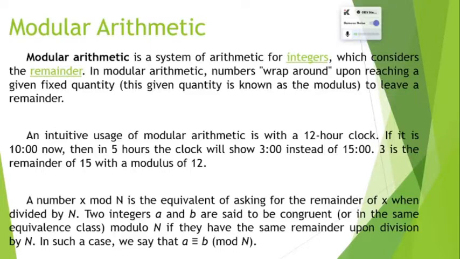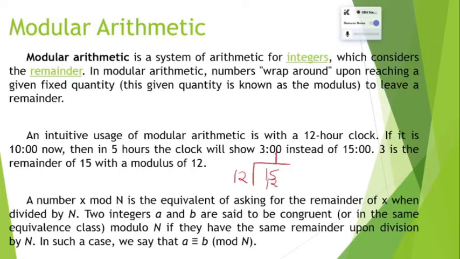So that is what remains. If we divide 15 by 12, which is the 12-hour clock, let's write that down. So that is 15 divided by 12, which is 12 hours.